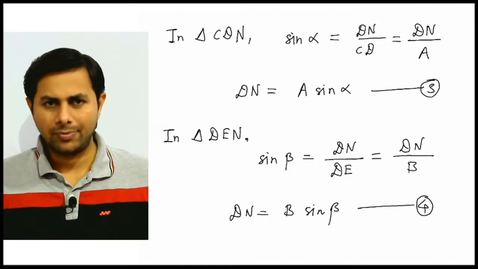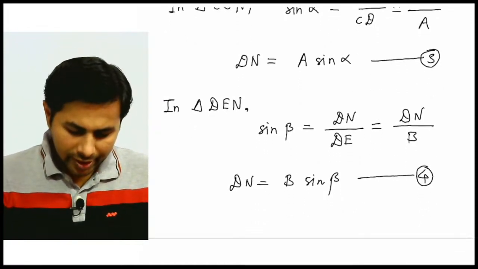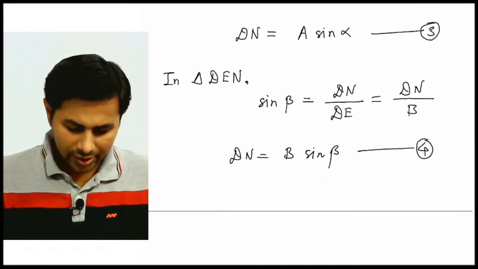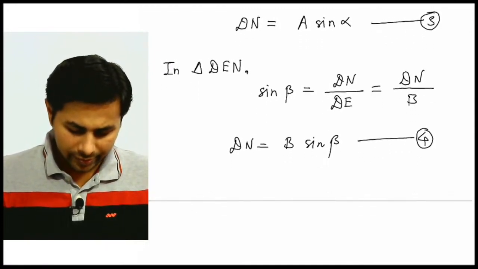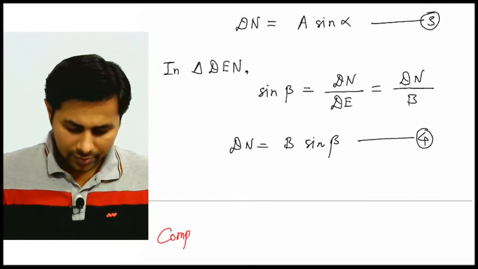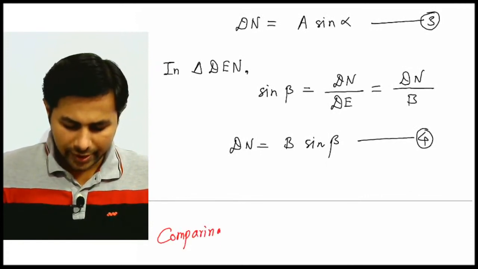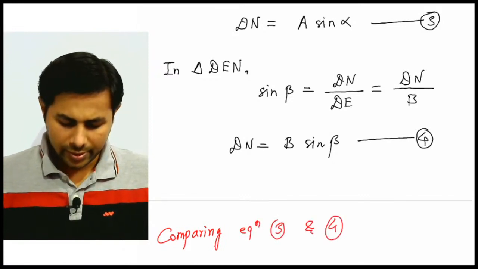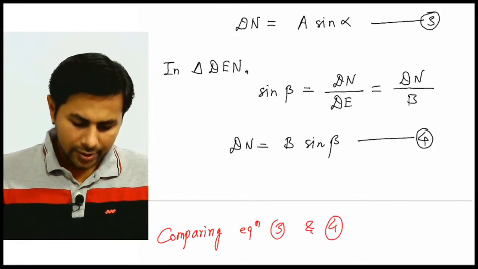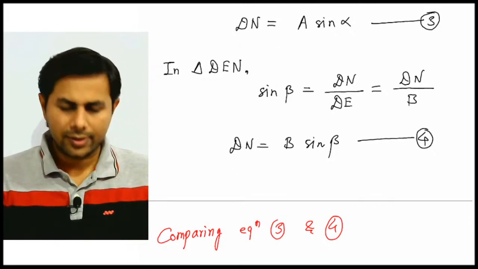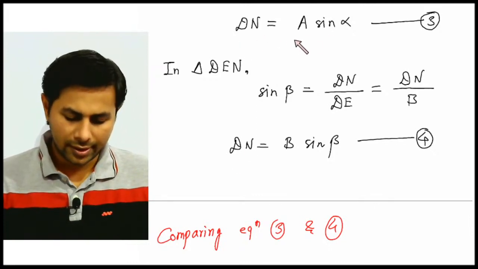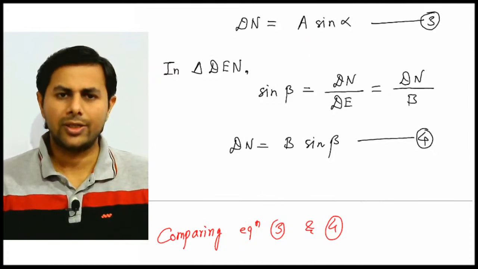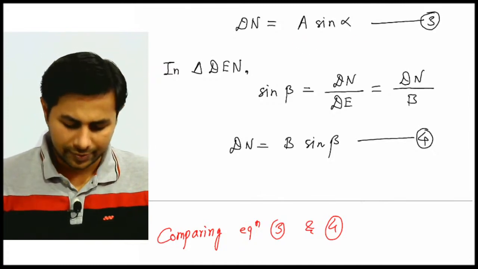Now let's compare equations 3 and 4. So comparing equation 3 and 4, since the left hand sides are equal, they are DN, the right hand sides should also be equal. So we have A sine alpha equals B sine beta. Okay.